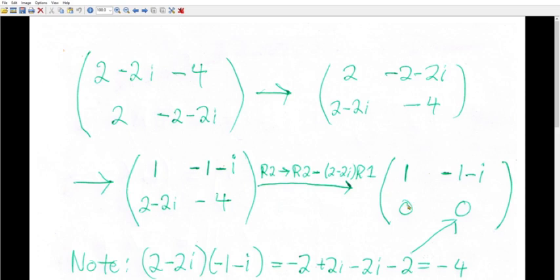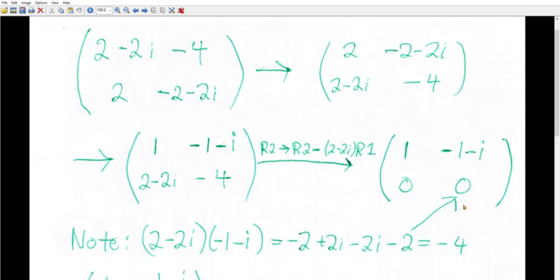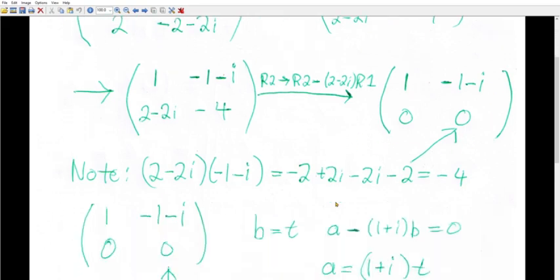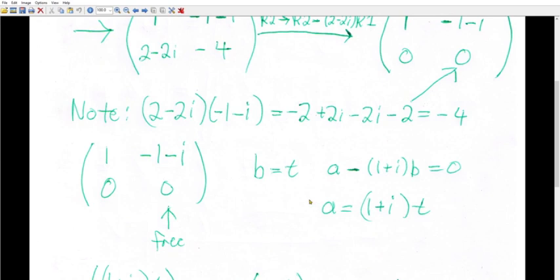We end up with obviously a 0 here, but we also get a 0 there, and that is because 2 minus 2i times -1 minus i is 2 plus 2i minus 2i minus 2, which is... wait, -4 is 0 in context. And that leaves us with a matrix in reduced row echelon form.